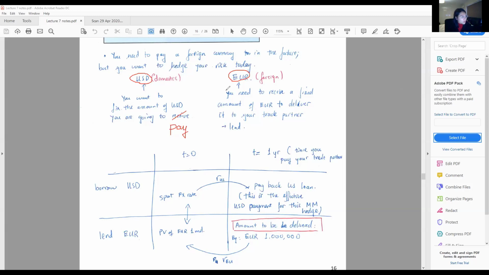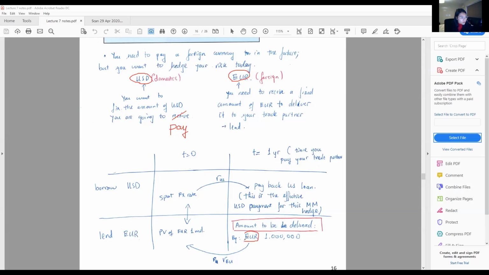So the problem here for me is I want to fix this US obligation, okay? So somehow I want to fix the amount of USD that I'm going to have to pay for this account payable, okay? So suppose in this case, I've got an account payable of 1 million euro to pay, okay?